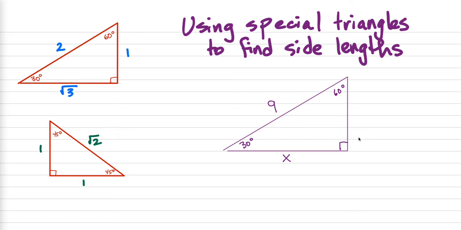Okay, so that purple triangle is what we're going to try to figure out. We're only able to measure this. Say this is your roof. You can measure the roof, but you can't measure this board. If I want a 9-foot roof with a 30-degree angle, how long would I need to make the board on the bottom? 18.